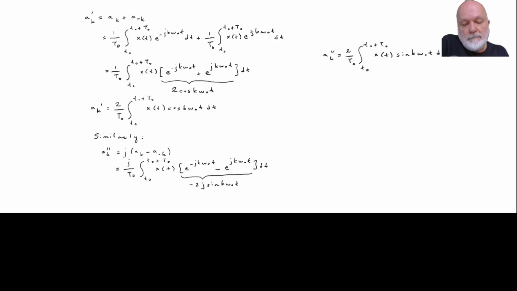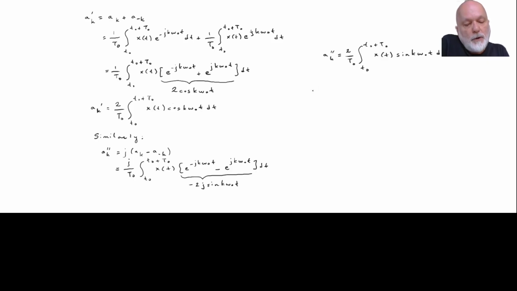Now, here we have an important detail. Remember that in the calculation of ak prime and ak double prime, k is starting from 1. But we can extend k to 0 and consider the integral we have obtained.